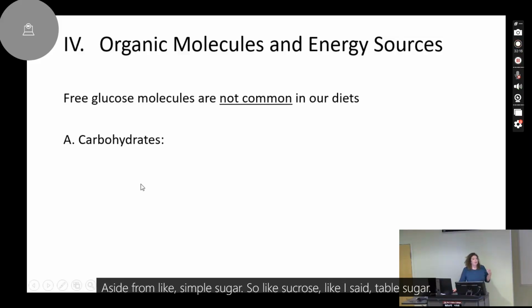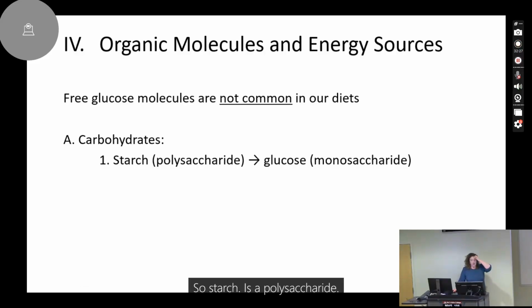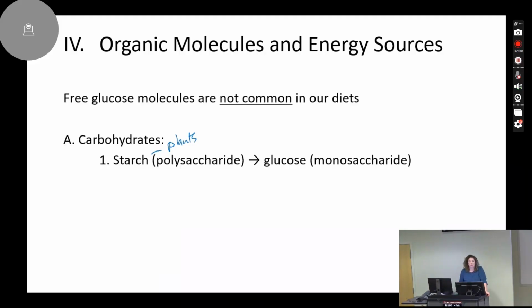So in terms of carbohydrates, aside from simple sugar, like sucrose, table sugar, we do have some large storage sugar materials as well. So starch is a polysaccharide. This, my friends, is in plants. I think of potatoes.